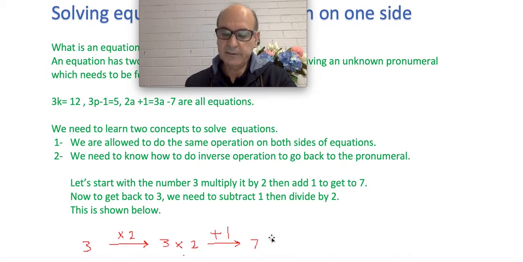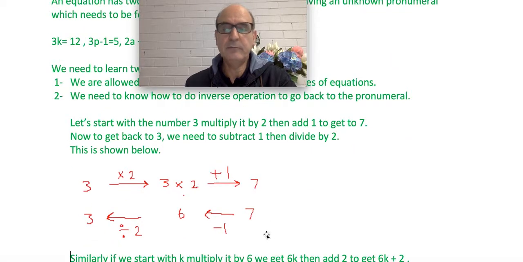All right, we are interested in going backwards. I want to go from 7 back to my 3. So I got to do the opposite operation, and I got to undo the last operation first. So when I'm going back, the last operation that we did, we added 1. So I got to take away 1.